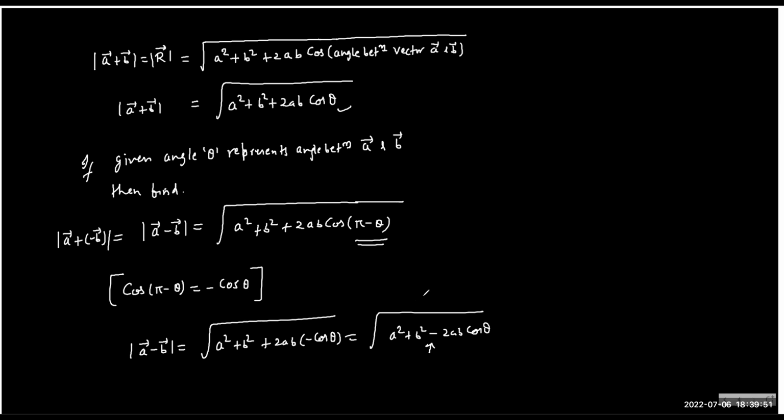Sorry, guys. So now I will just put it as a summary. If the angle between vector A and vector B is theta, then mod of A plus B will be how much?